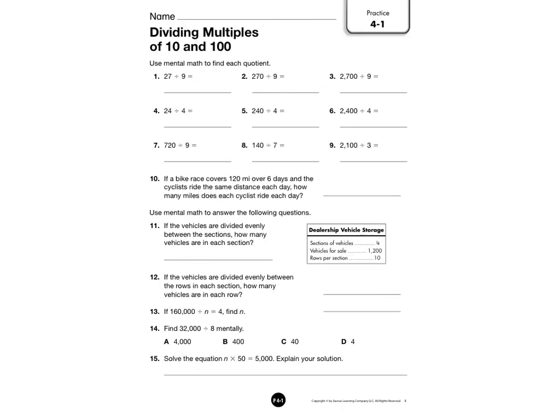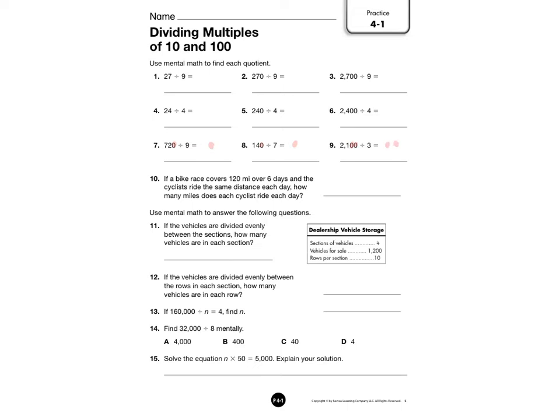Okay, so that brings us up to problems 7, 8, and 9, which I'm going to let you do on your own and see how you do. Just remember, match up your zeros. 1 zero in our dividend, 1 zero in our quotient. This one also just has 1 zero, so we're going to have 1 zero in our quotient. 2 zeros in our dividend, 2 zeros in our quotient.